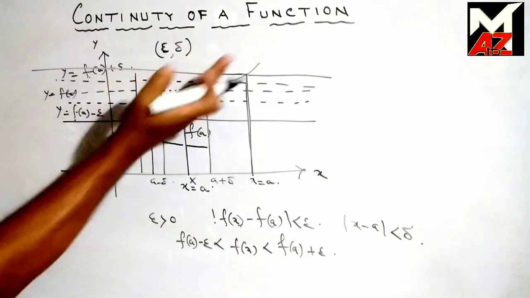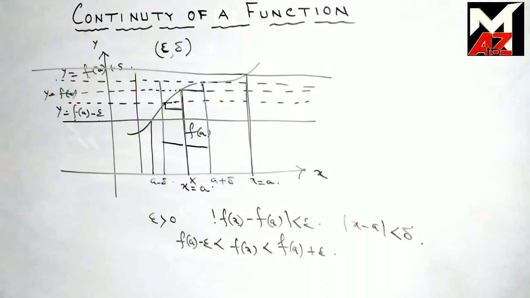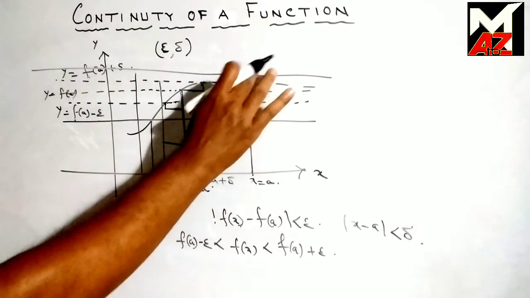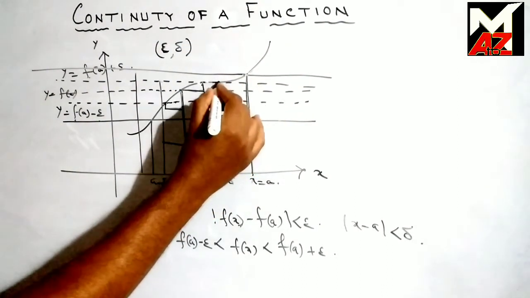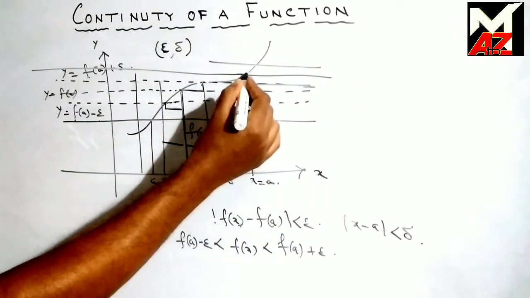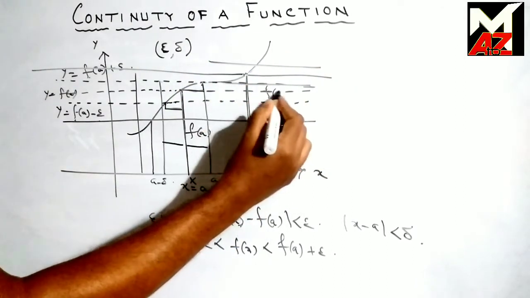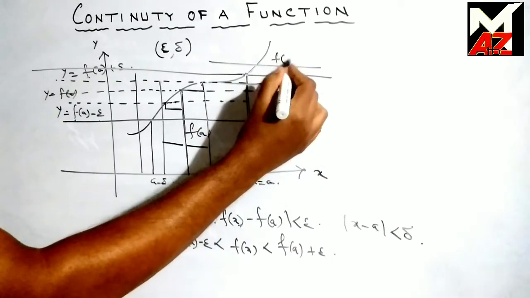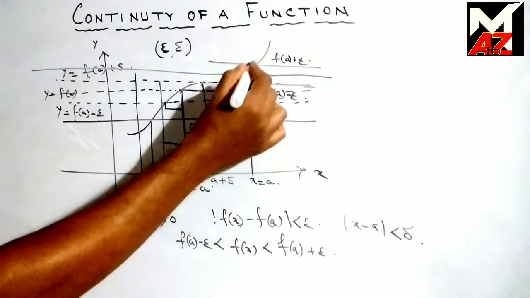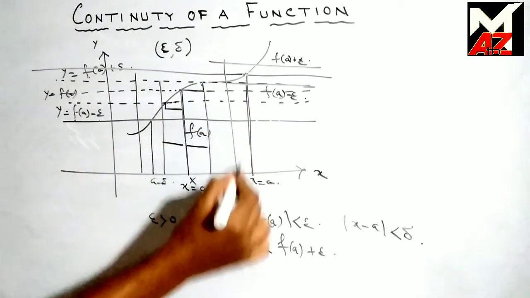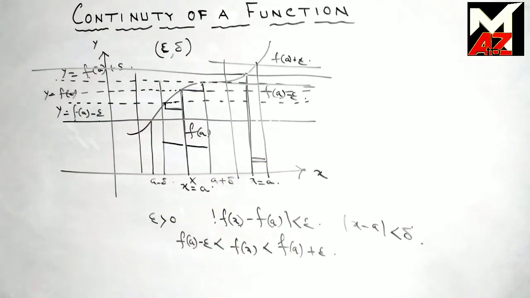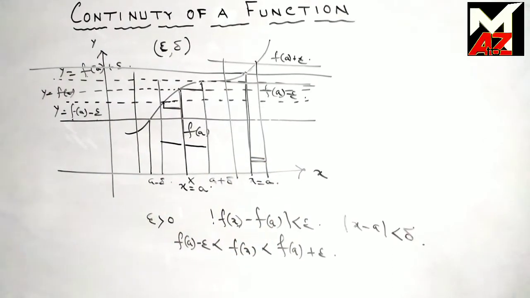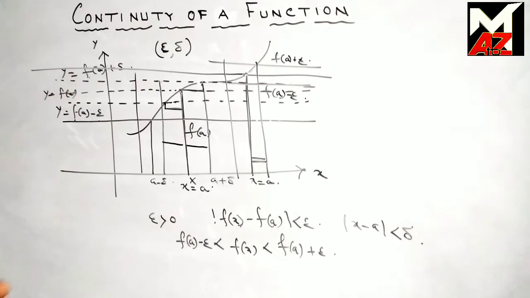If the curve is like that, then this is f of a, this is f of a minus epsilon and this is f of a plus epsilon, and we see that this delta is smaller than the previous delta. So epsilon and delta are dependent, and also dependent on the point a. So this is the graphical representation of continuity.